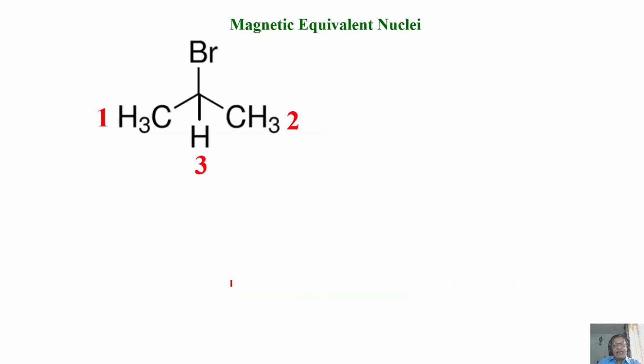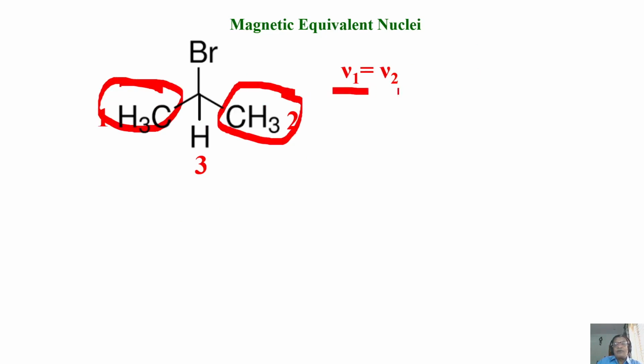Now look at another example. What about this molecule? There is a symmetry axis along this, right? Now the chemical shift of 1 is equal to 2. All the three CH3 protons are equivalent. Apart from that, the chemical shift of these three protons and the chemical shift of these three protons are also equal. Now this is different.